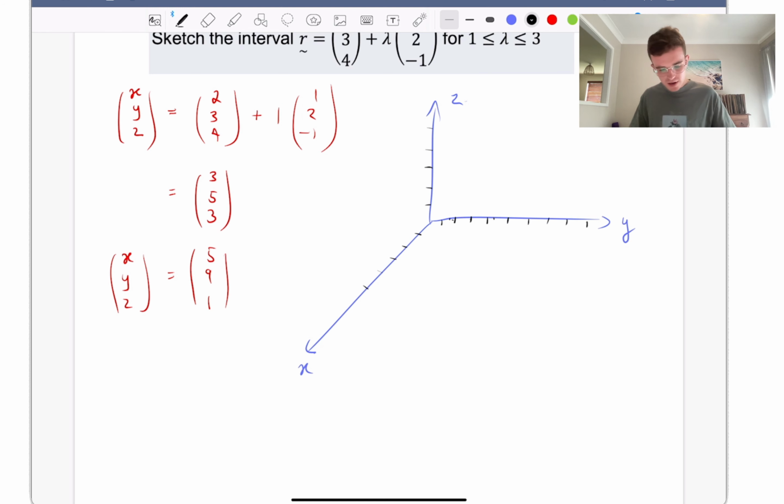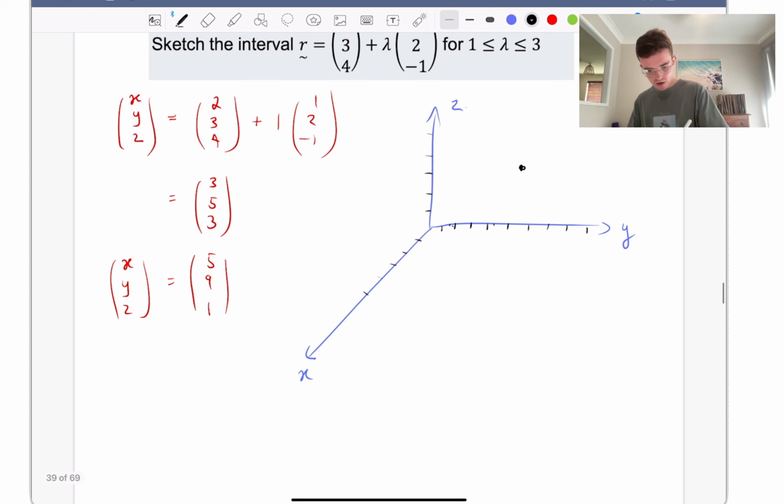So (3, 5, 3), and we're going up to 3. 1, 2, 3, 4, 5, 1, 2, 3. There we go. (3, 5, 3), and then (5, 9, 1). There we go.